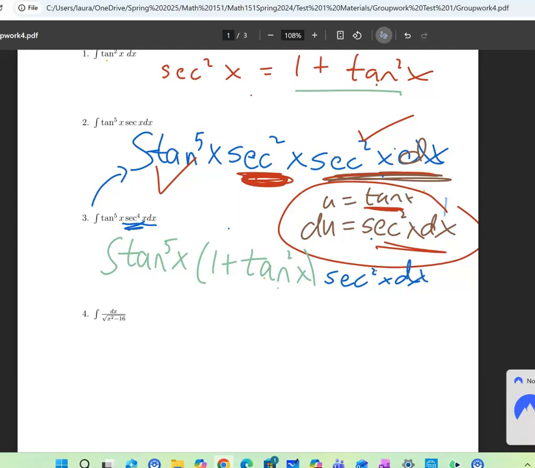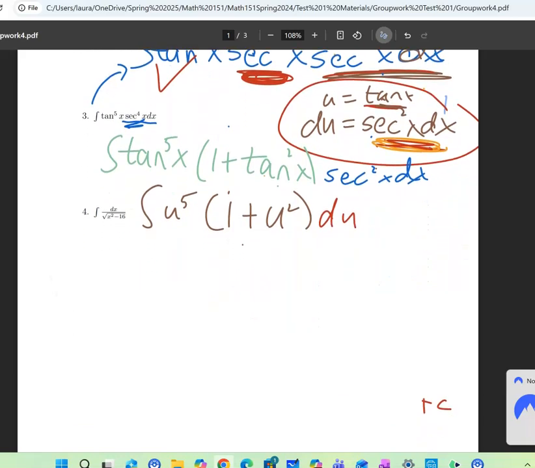Okay, so now does my u substitution work? If I let u equal tangent, yes, I get u to the fifth. If I let u equal tangent, yes, I get 1 plus u squared. And then du is this, right? So that's du. So I just have to multiply this out.